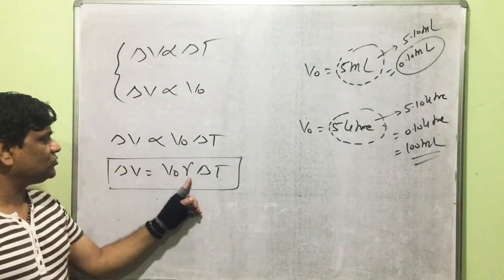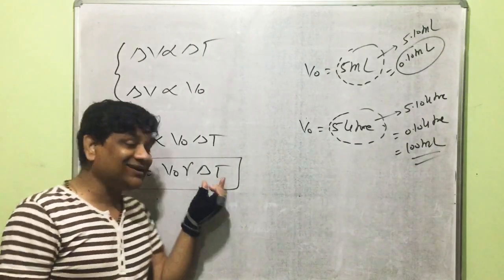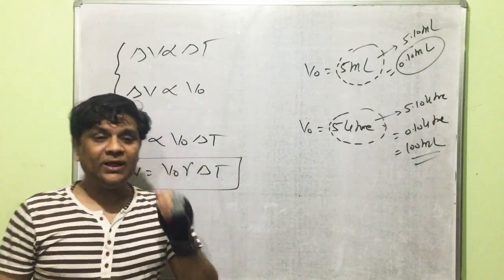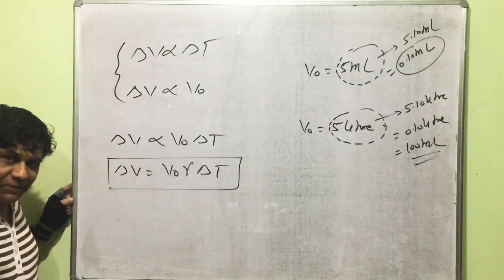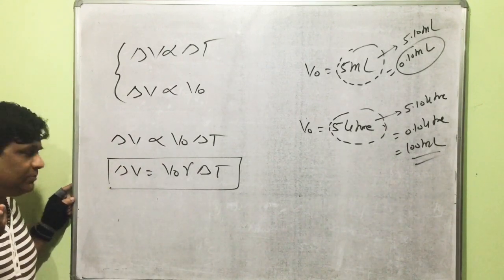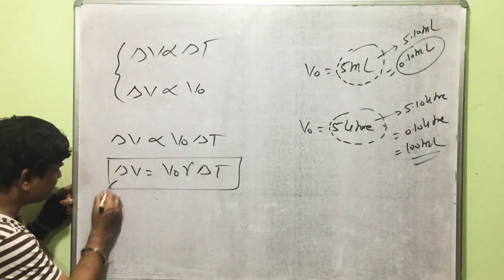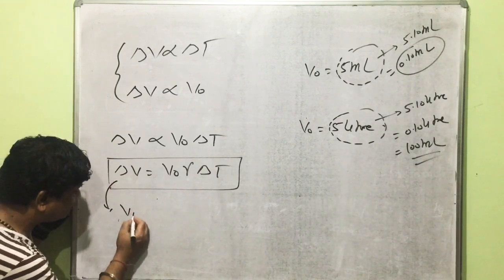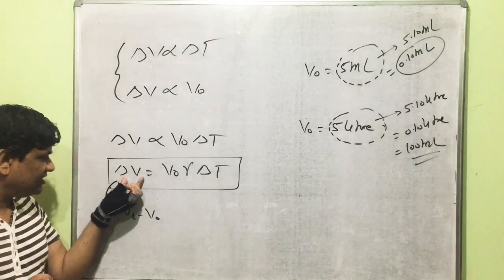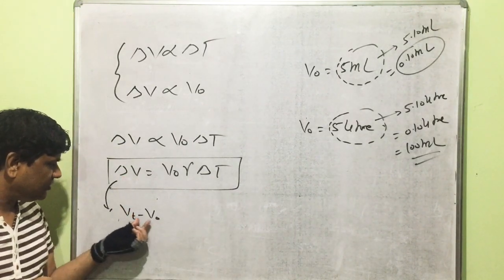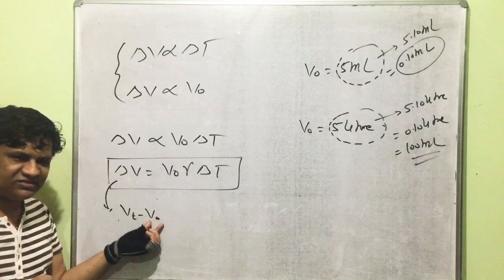So delta V is equal to V naught gamma into delta T, where delta T is the change in temperature. We are developing a mathematical relation for solving the numericals. This delta V is equal to Vt minus V naught. Change in volume is final volume minus initial volume.